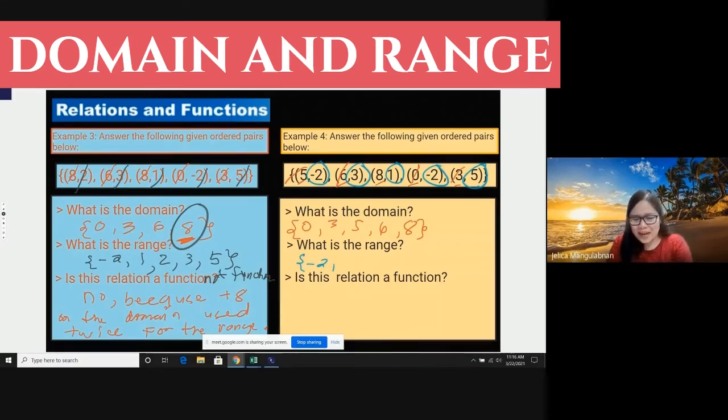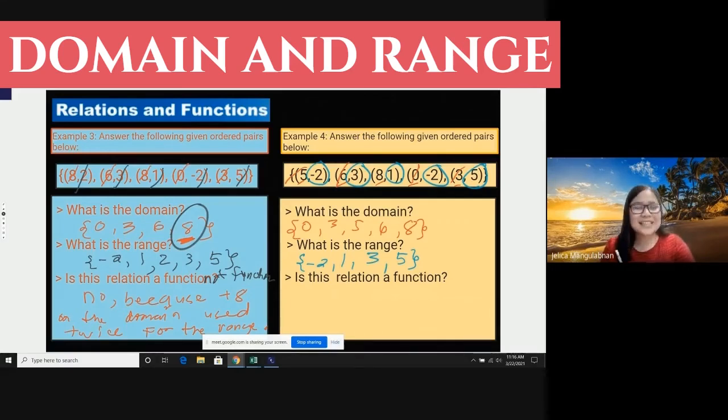So we have -2, followed by 1, followed by 3, and then 5. So I repeat, if there's a repeated number on the range, it's still fine. It is still considered a function as long as there's no repeated number on the domain. Is the relation a function or not?